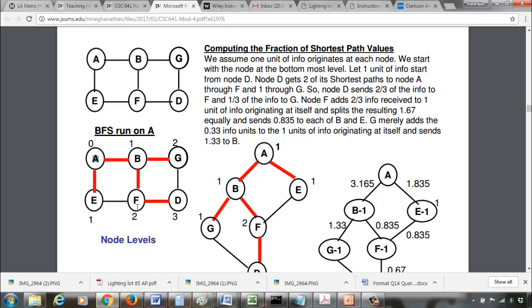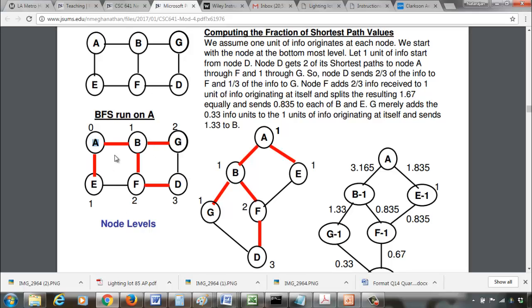Now from F we can reach D at level 3, which is one more than the level of F. So these are the node levels for the vertices on the breadth first search tree starting from A.